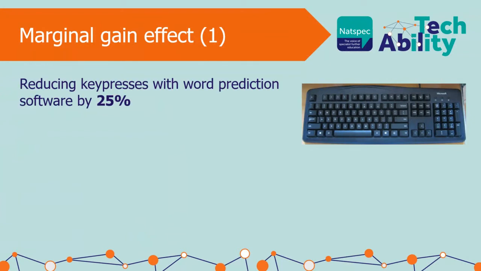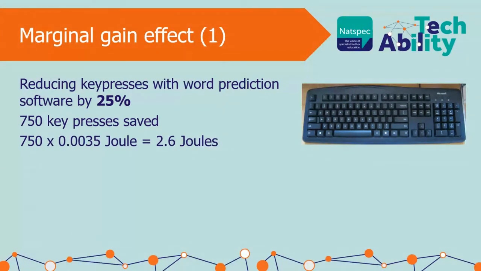And the marginal gain effect of that is that if we can use something like word prediction to reduce key presses by even as little as 25%, by a quarter, we've saved 750 key presses in the course of that 500-word document that we've written.